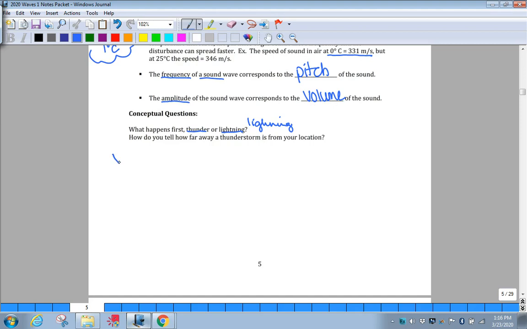If you think about the speed of light, which we can actually write as lowercase c because it has its own variable since it's so important and so specific, it is 3 times 10 to the 8th meters per second. It's like a million times faster than the speed of sound, which is 331 meters per second. So you see the lightning first and then you hear the thunder crash after it.